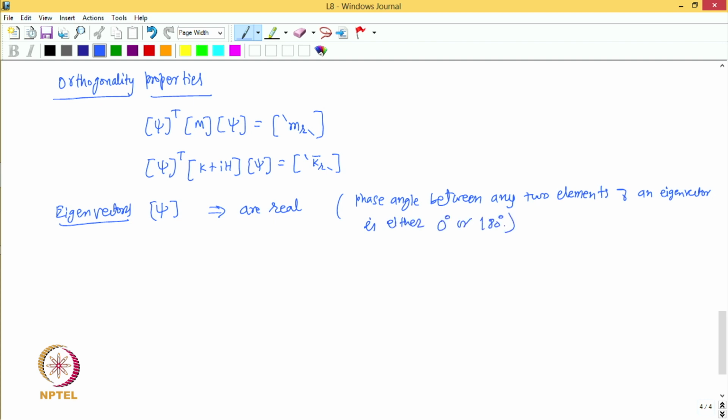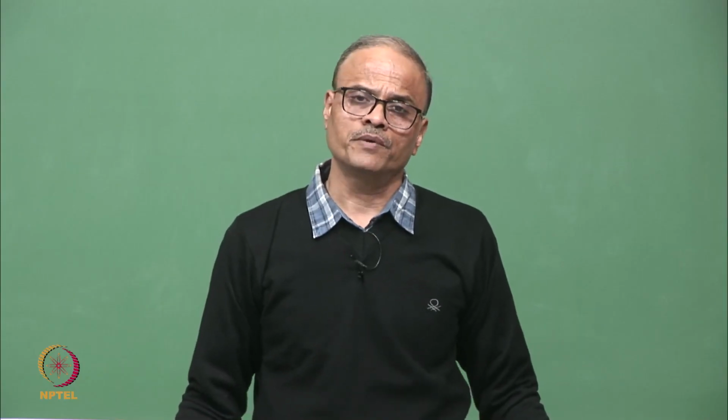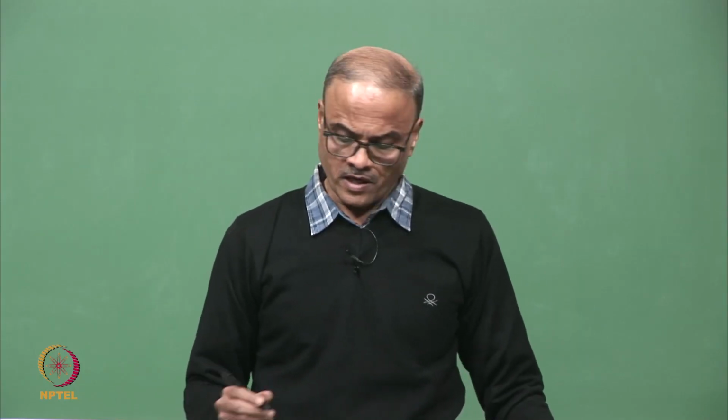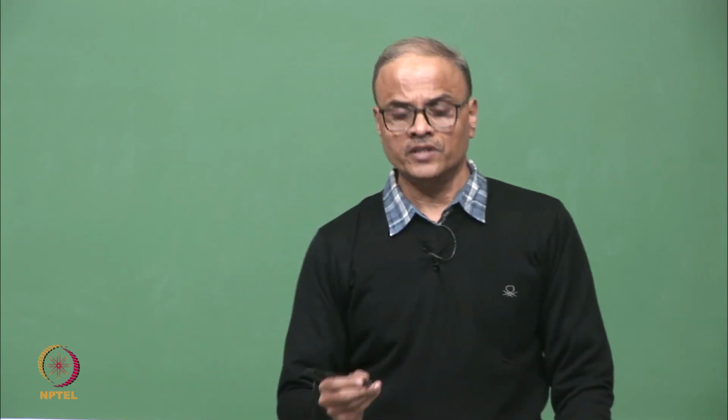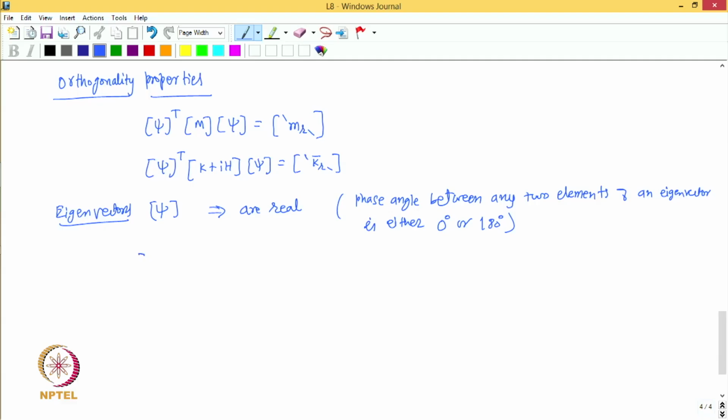Okay. So, that basically is the test to check whether the eigenvector is real or not. So, we find that for a multi-degree of freedom system with proportional structural damping, the eigenvectors are real, and it is also seen that these eigenvectors diagonalize the stiffness matrix, which means that if I take the product psi transpose K psi, then this is found to be diagonal, right.